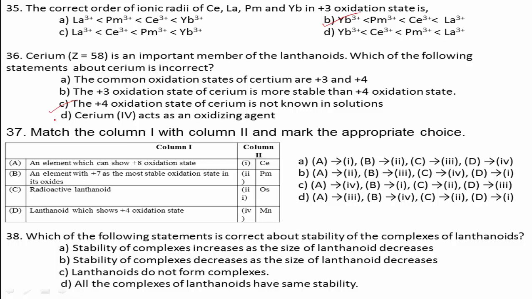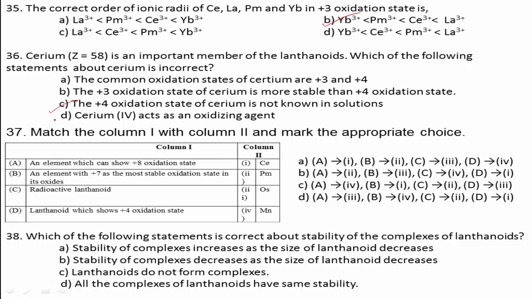And in column 2, they have given cerium, promethium, osmium, manganese: Ce, Pm, Os and Mn.